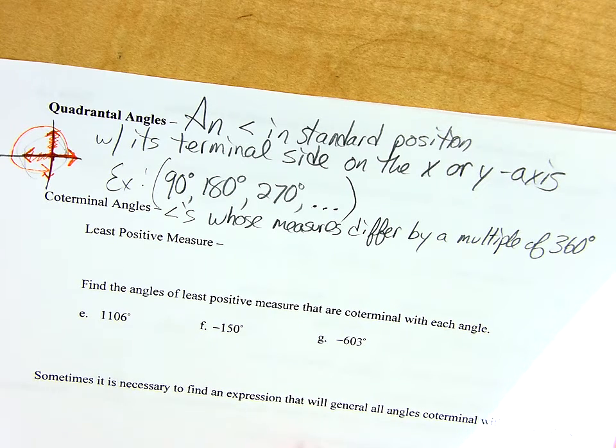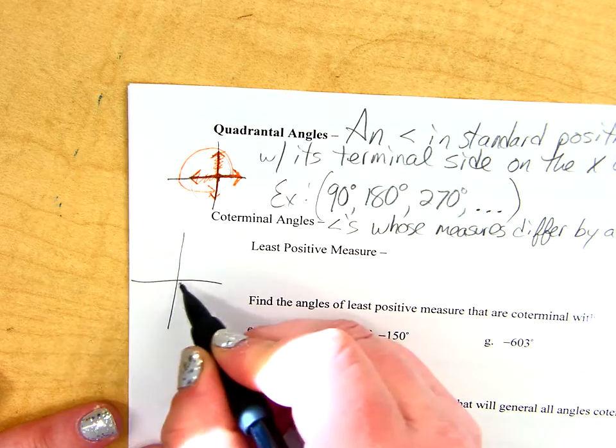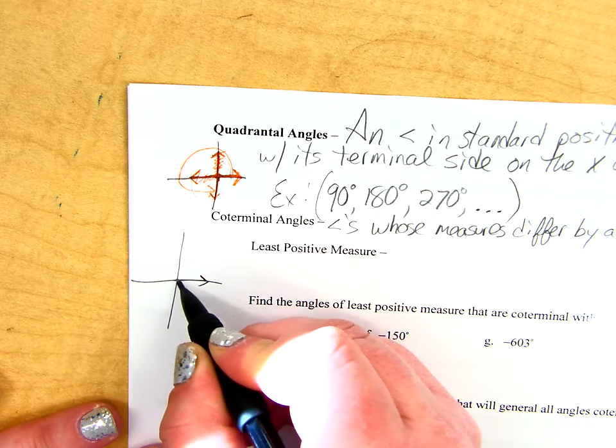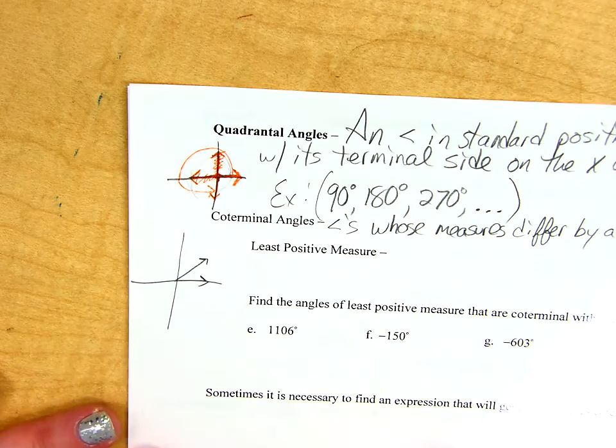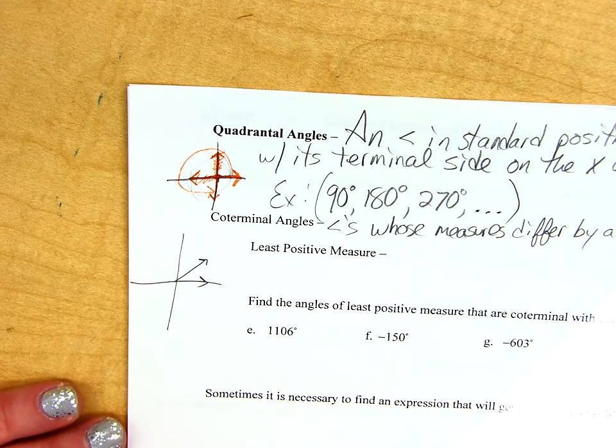So let's say, for example, I asked you guys to draw a 40 degree angle. Okay? So it would roughly look like, I don't know, about that, right? Roughly a 40 degree angle. But then what if I asked you to draw me a 400 degree angle?